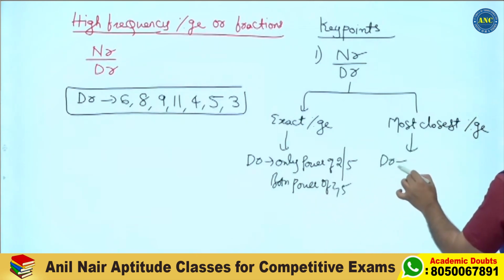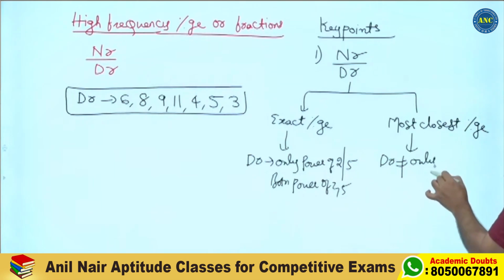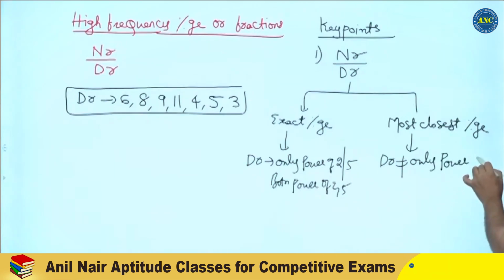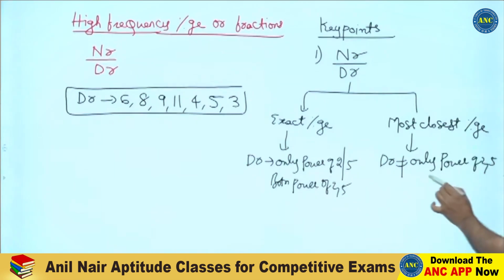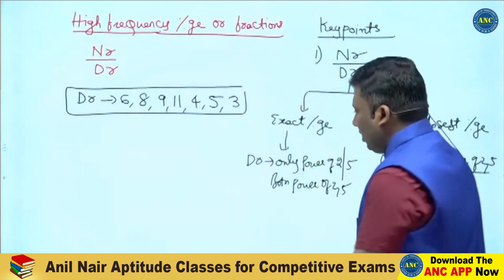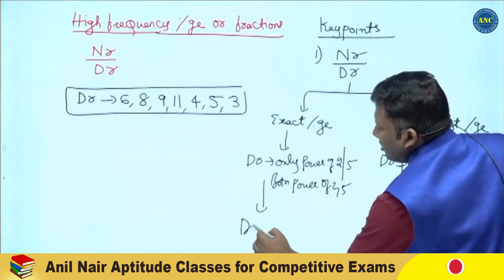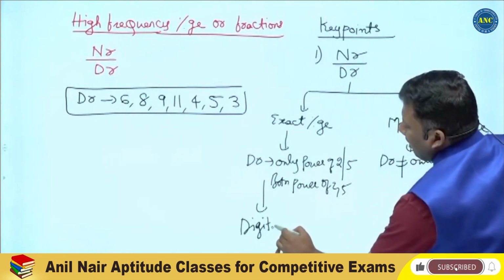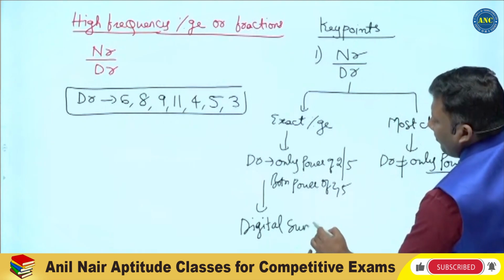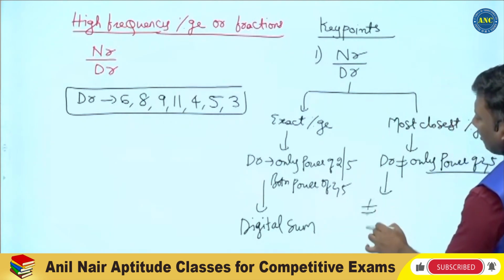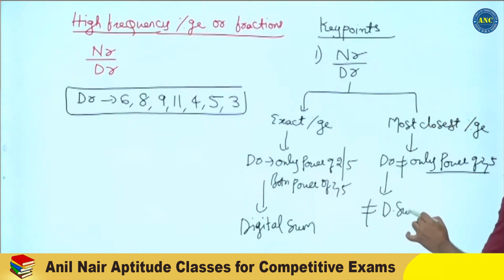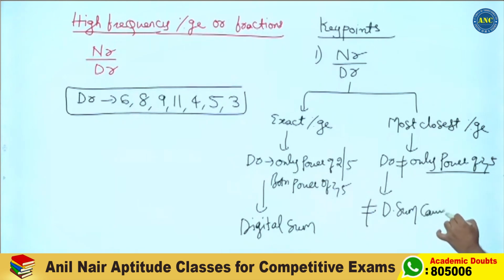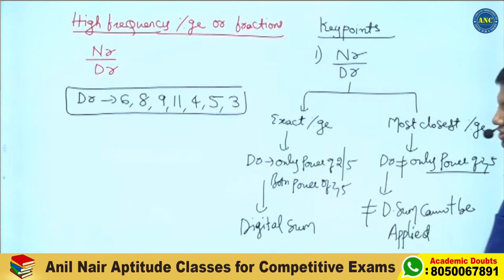If the denominator is not derived from only a power of 2 or only a power of 5, then it is the most closest percentage. Here you can apply digital sum. Here digital sum cannot be applied for the most closest percentage.